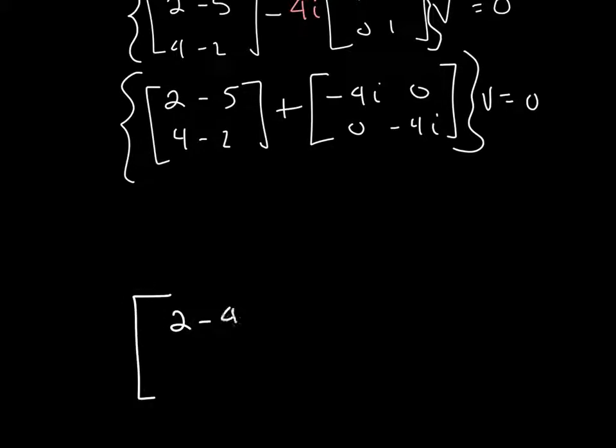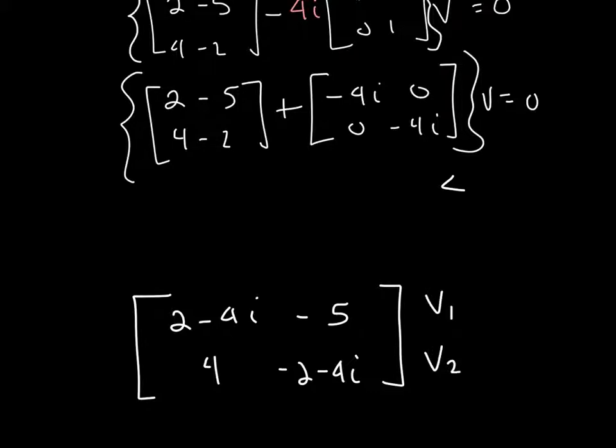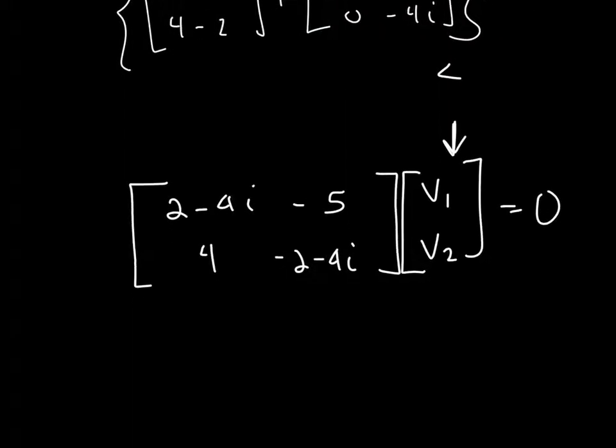So 2 minus 4i, 4, negative 5, negative 2 minus 4i, and then my 2 by 1 vector as v1 and v2, because that's what this really means. Equals 0.